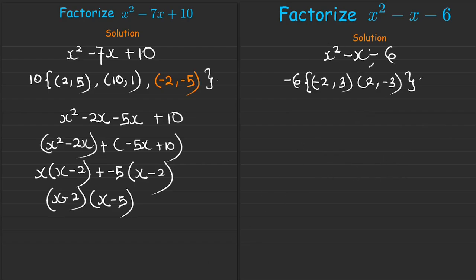So instead of x squared minus x minus 6, I'm going to rewrite it as x squared. Then there is 2 here, which is a positive. So plus 2x. And then my negative 3, so minus 3x. And then comes the minus 6. After which we can now do our groupings, and then we factorize.